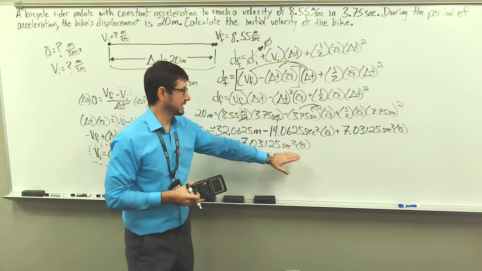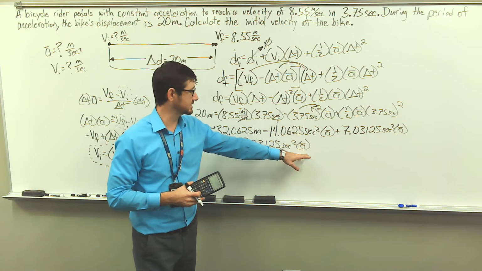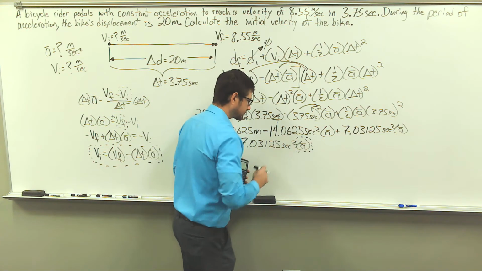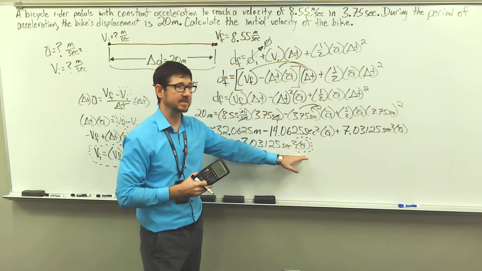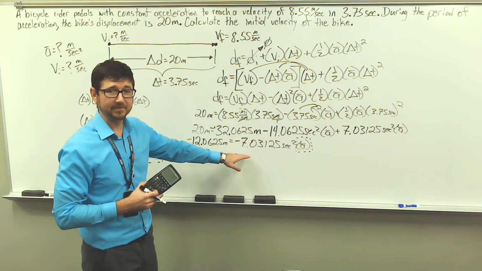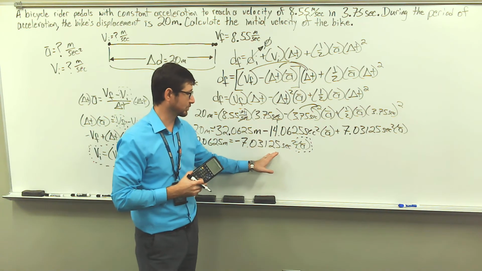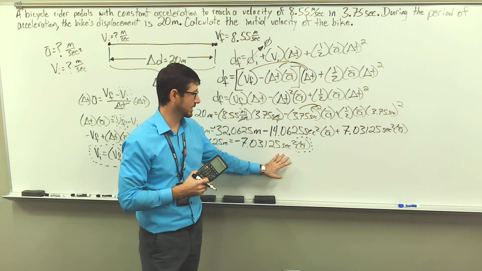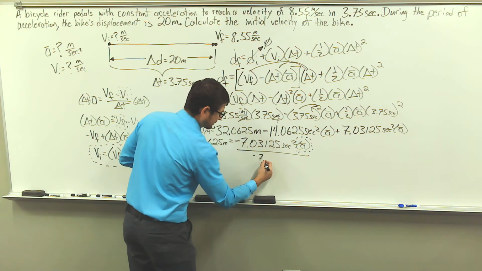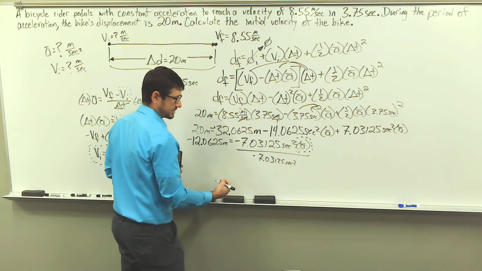Now remember, in this step, we're trying to calculate the acceleration of the bicycle. So this is what we're looking for. So we want to isolate this on one side of the equal sign. So what we're going to do is divide both sides by a negative 7.03125 seconds squared. When we do that, the negative 7.03125 seconds squared cancels.